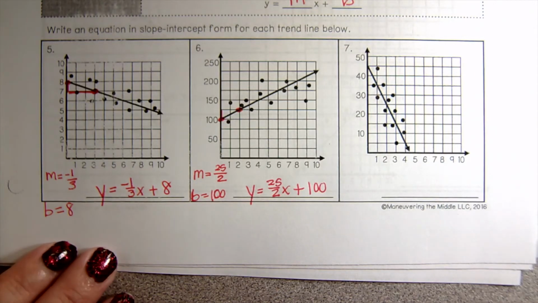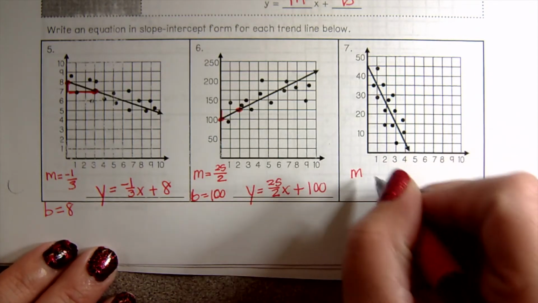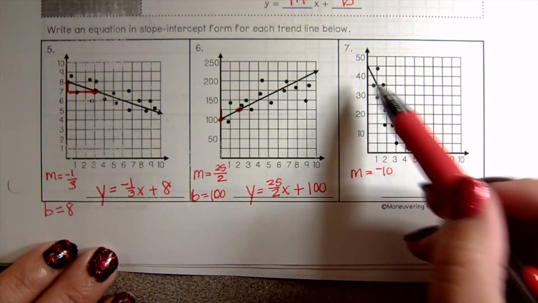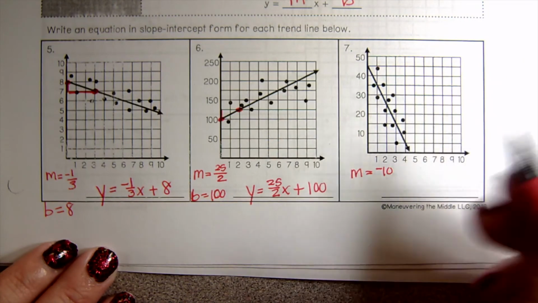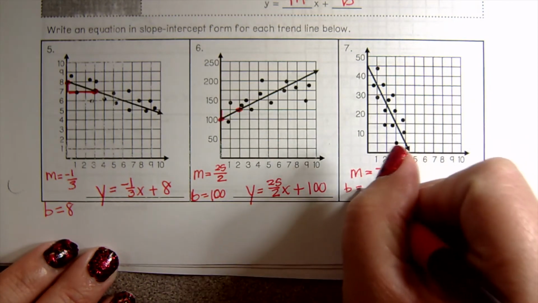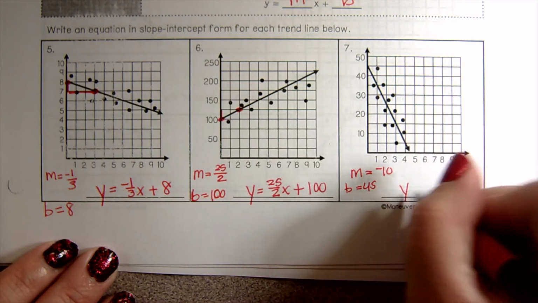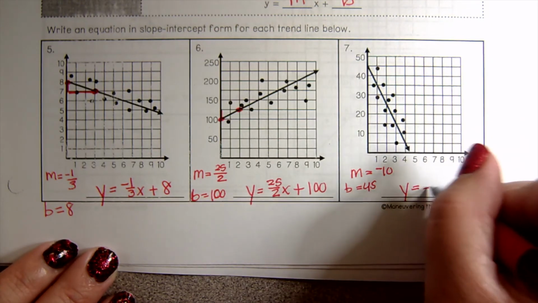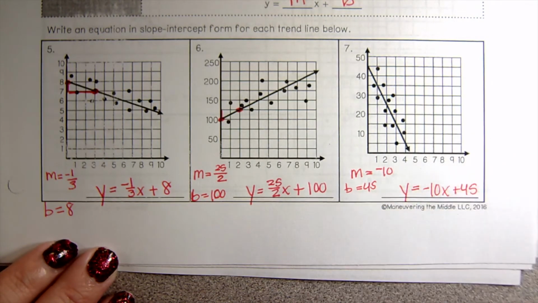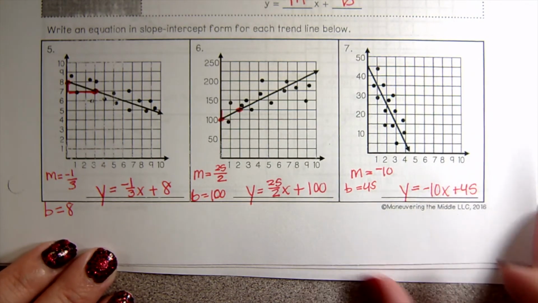All right, what is the slope here? -10. Don't forget that it's negative because you had to go down and then over. And what is the y-intercept? 45. So y equals what? -10x plus 45. Very good. All right, next page.